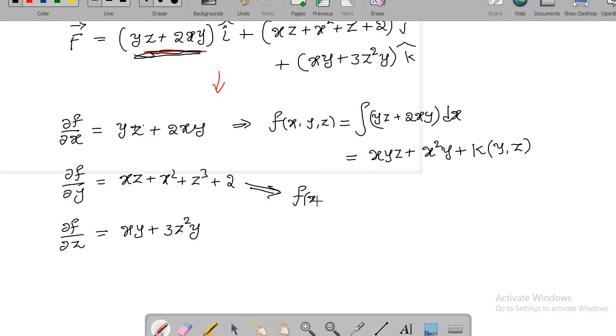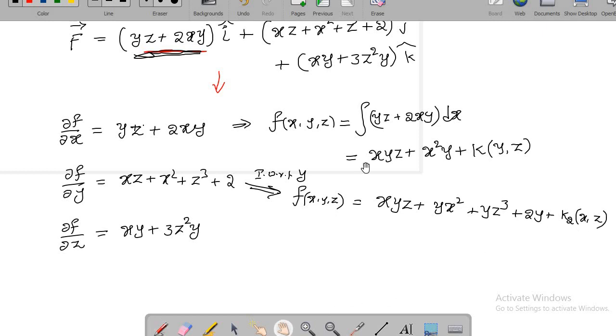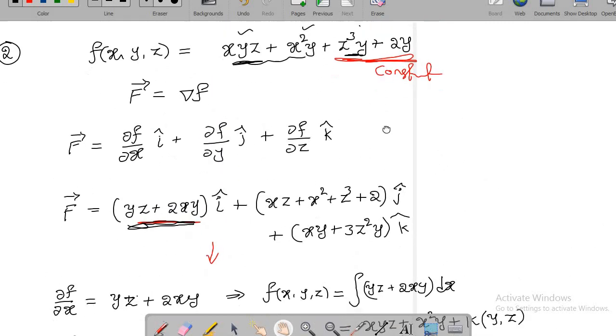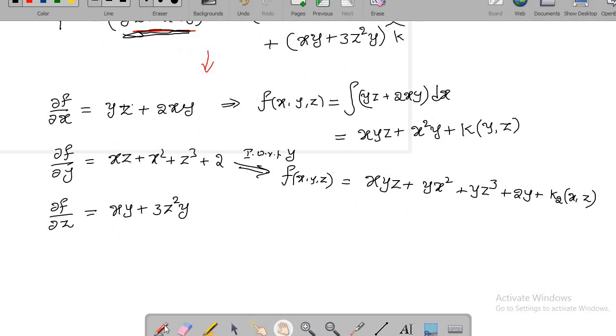So f of x, y, z is equal to, I am directly writing it, xyz plus y into x square plus y into z cube plus 2y plus k2. Now the constant is a function of xz. There is no function of xz here, so that is why you do not find it.